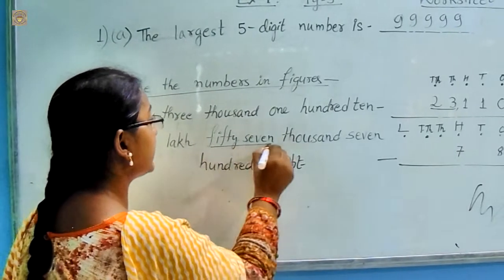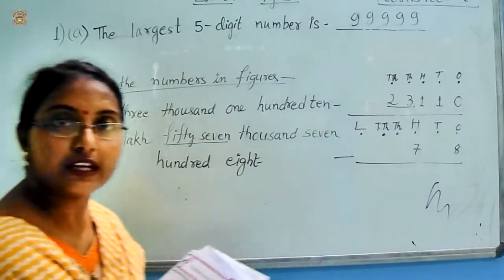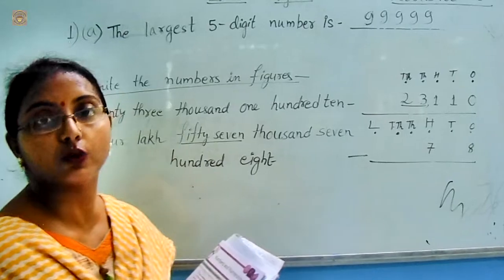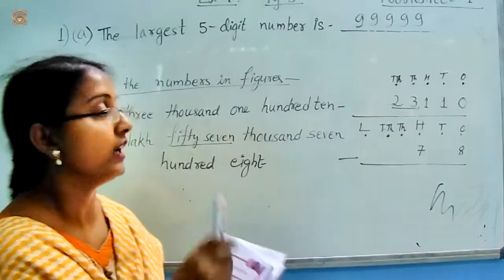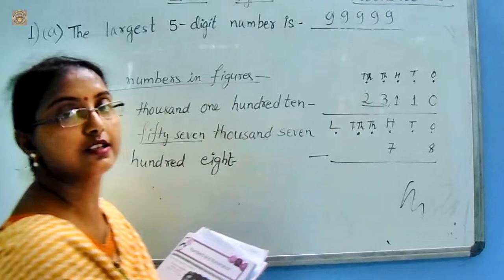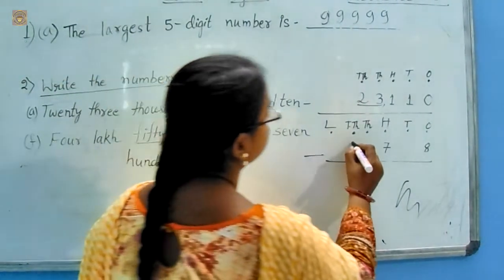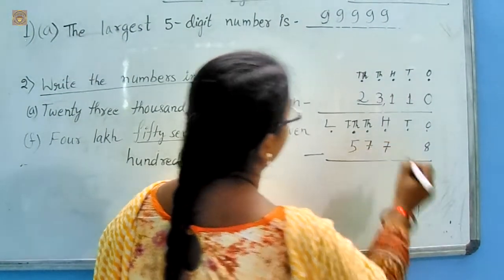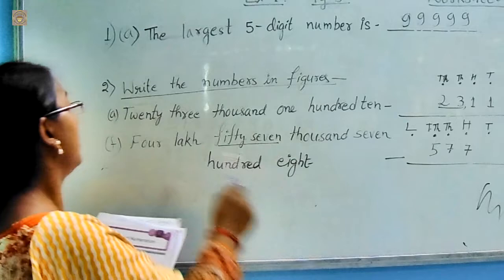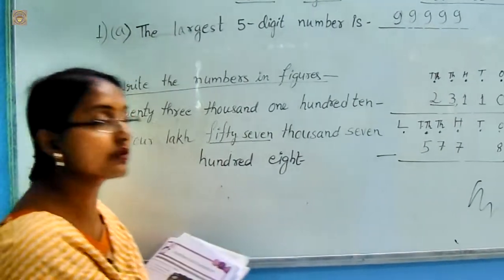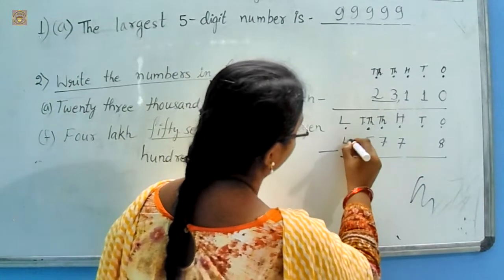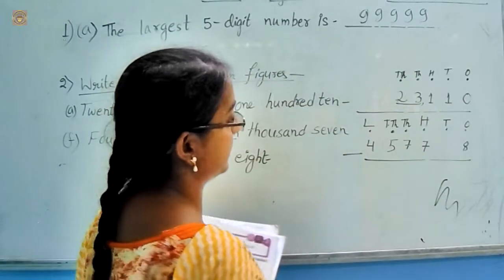There is 57,000. 57,000 means 2 digits, that is including the 1000 places, 1000 and 10,000. Then we will write 57 and obviously then on the left place the number is 4. So we will write 4 at the left place.